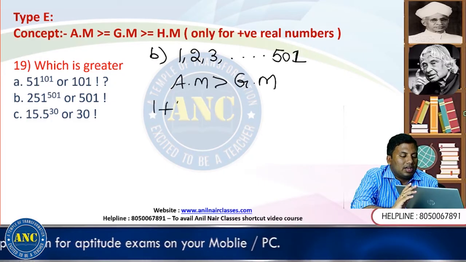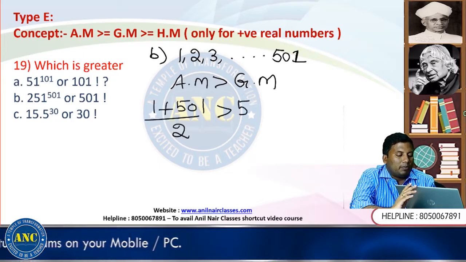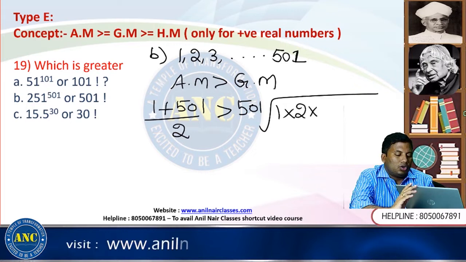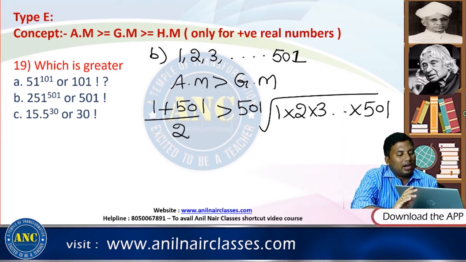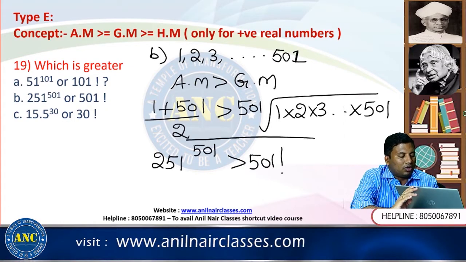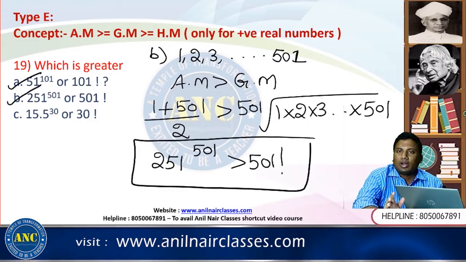Arithmetic mean, first term plus last term by 2, is greater than geometric mean, the 501th root of 1 into 2 into 3 and so on up to 501. 502 by 2 is 251. 251 power 501 is always greater than 501 factorial. I hope the second one is also clear.